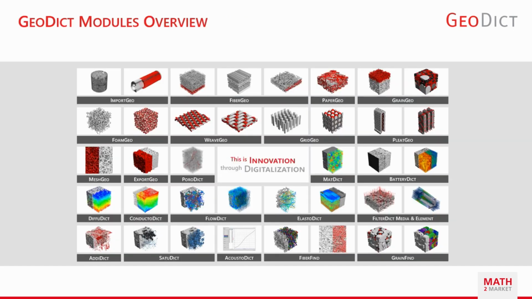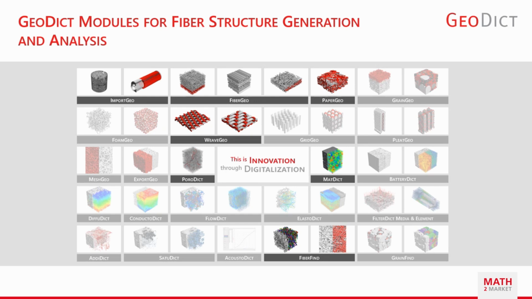As we've seen before, we have a lot of different modules in GeoDict, and we can do a lot of different geometries with that, especially for modeling and also analyzing fibrous materials. Of course, we are working with ImportGeo here at the top on getting the CT scan into the software.